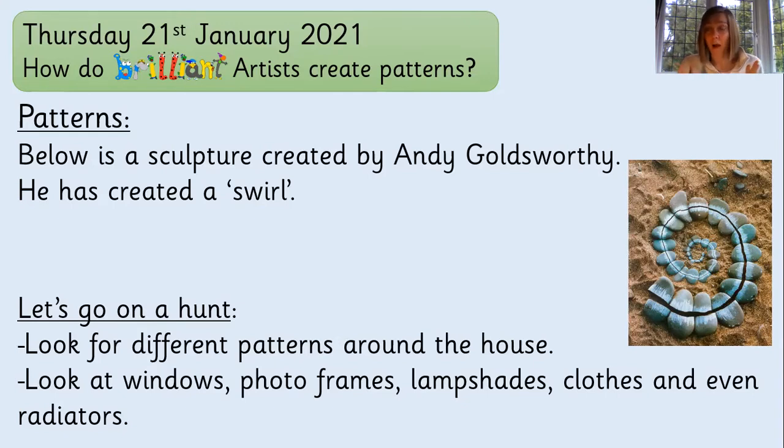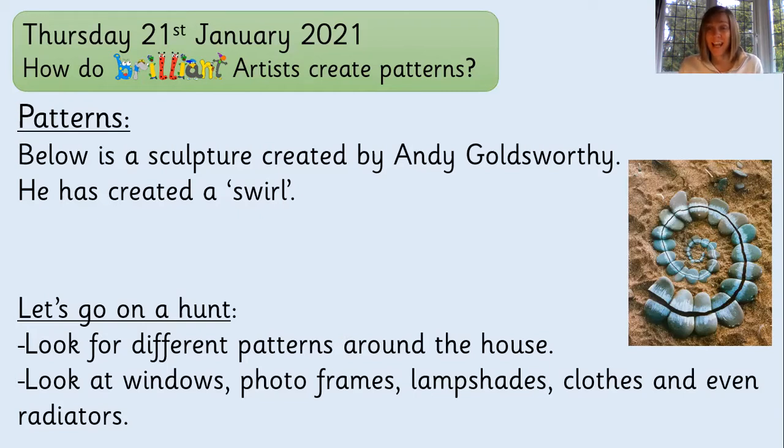So wherever you are, you are going to see if you can find some patterns around your home and see what you can spot. So you might want to have a look at windows, a bit like the ones behind me. We've got squares making a pattern all across my windows. You might want to have a look at photo frames, lampshades, clothes, toys, packets, and have a little look to see what patterns you can spot.